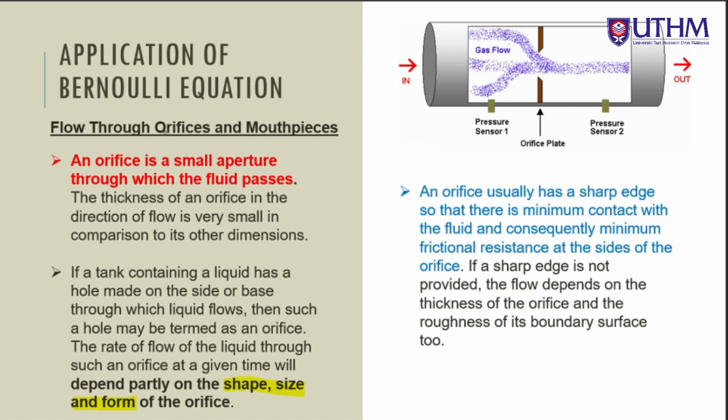So first of all, what is an orifice? An orifice is actually a small aperture through which the fluid passes. As we can see from this figure, this is an orifice. An orifice is like a plate, shaped like this. And the thickness of an orifice in the direction of flow is very small in comparison to its other dimensions.